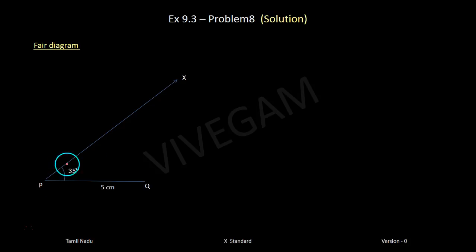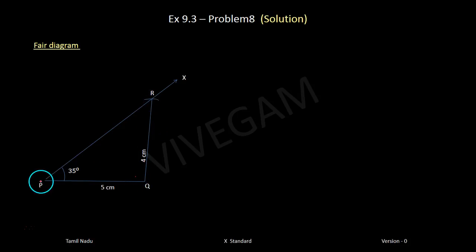Now let's draw a line PX at an angle 35 degrees to PQ, or angle QPX is 35 degrees. Now, what is the next point? They say QR is 4 centimeter. So with Q as a center and radius of 4 centimeter, draw an arc cutting this PX, and that point is R. Join QR, and PR is already done.